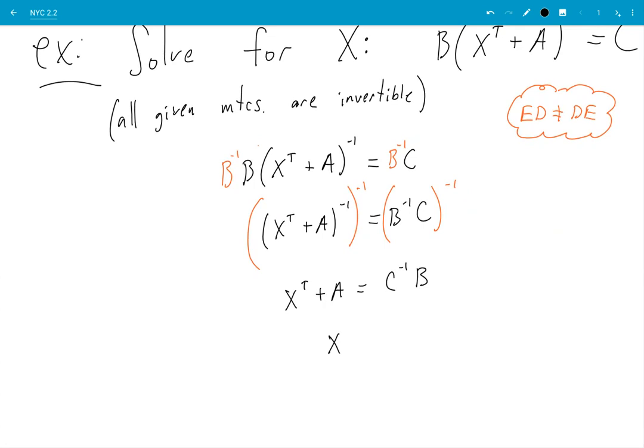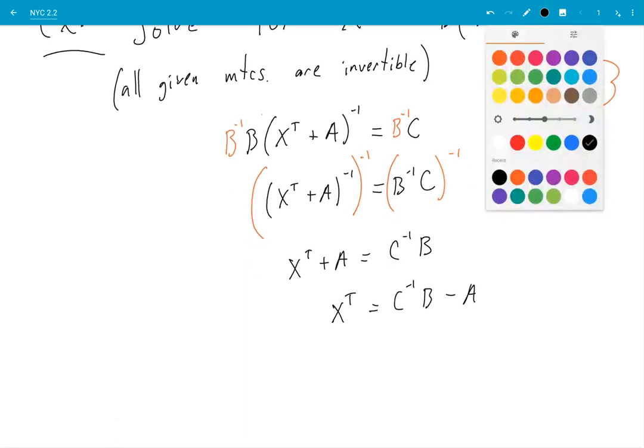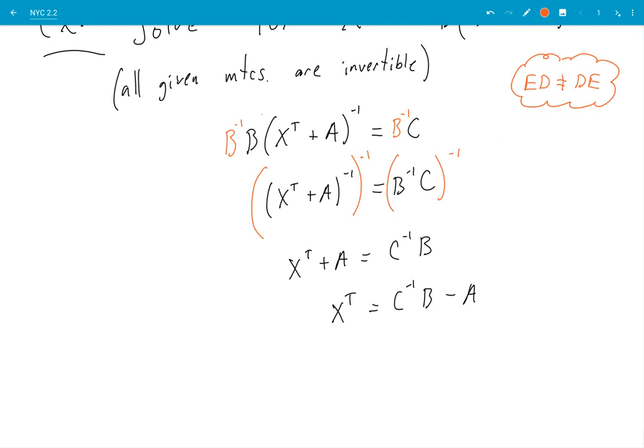And then I get x transpose is equal to C inverse B minus A. That one's a familiar operation. And now I will transpose both sides to isolate x.